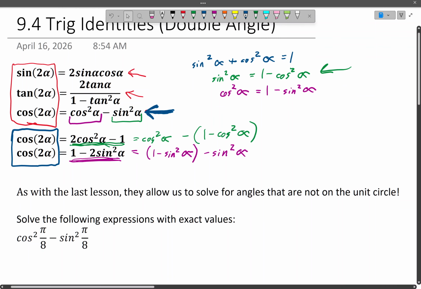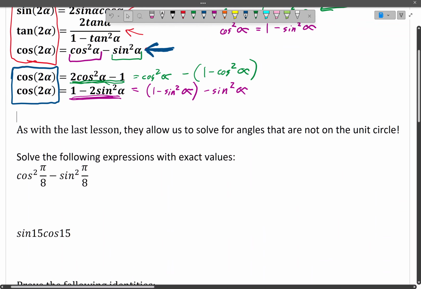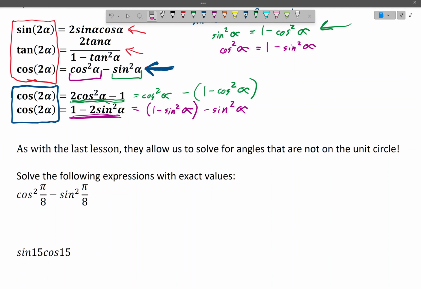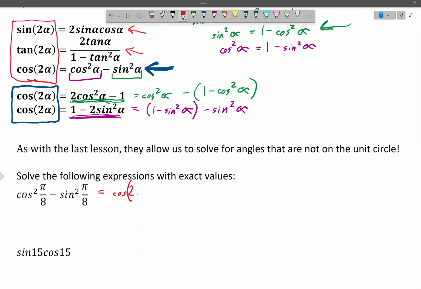Okay, so just like with the last lesson with sum and difference identities, this is especially helpful because it lets us solve angles that are not on the unit circle. So first, we're going to do a couple questions that are not on the unit circle. So here we have cos squared pi over 8 minus sine squared pi over 8. Well, all we have to do is plug this into the cos double angle. So this is cos of 2 times the angle, which is pi over 8.